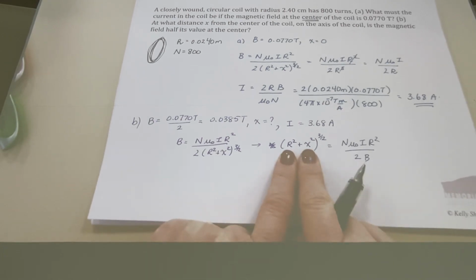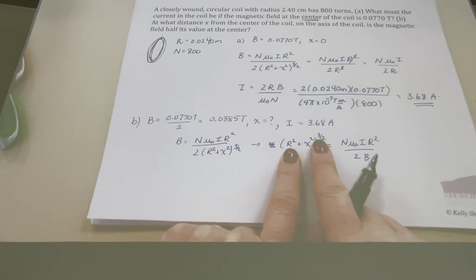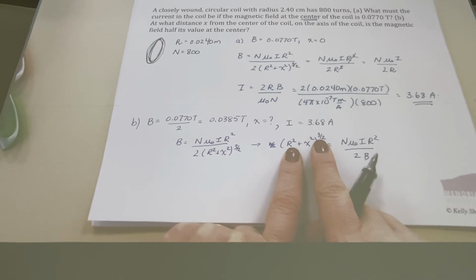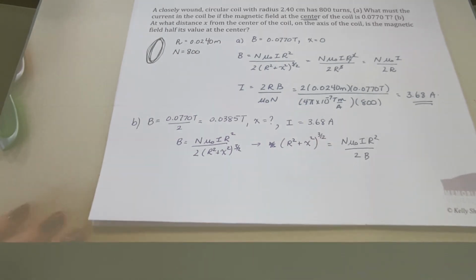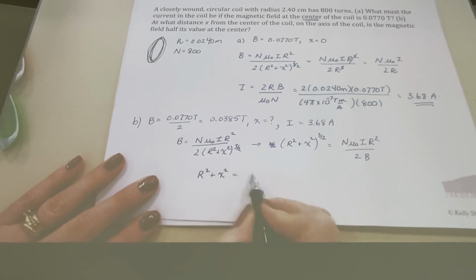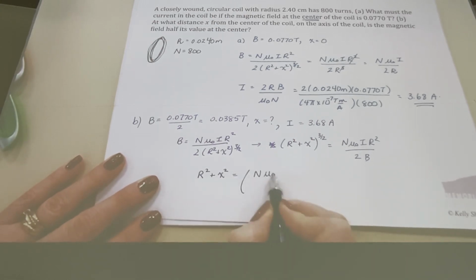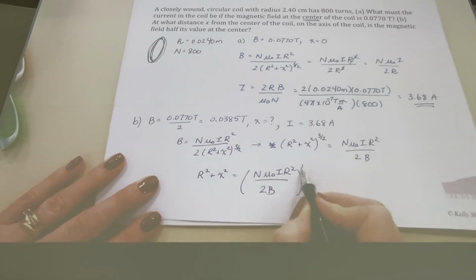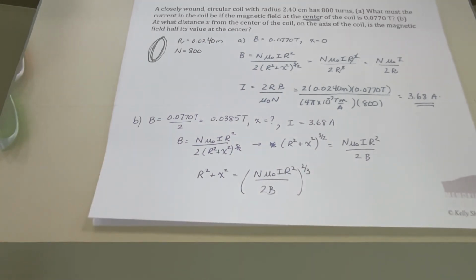All right, we're trying to dig out our X. That means we got to get rid of our exponent first, so we'll raise both things to the power of 2/3. R squared plus X squared equals N mu naught I R squared over 2B to the power of 2/3. Subtract R squared from both sides.